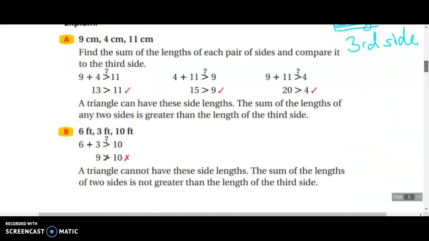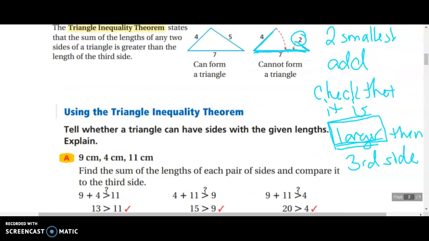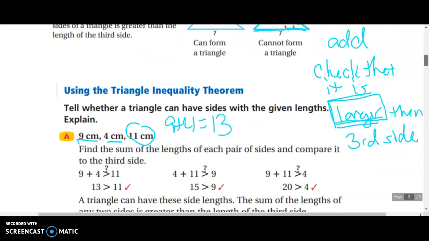Okay, so just really quickly, all you have to do is take the two smallest sides. So here, the two smallest are 9 and 4. 9 plus 4 equals 13. 13 is larger than 11, therefore that can be a triangle.